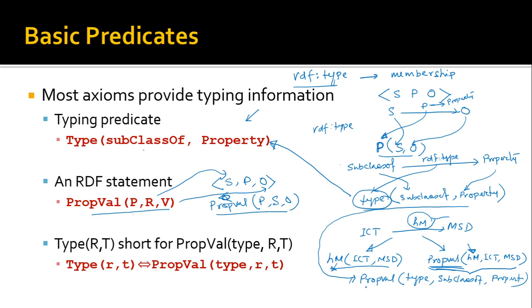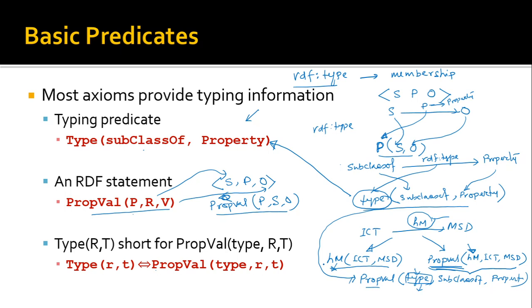Now we can use this, but it is not really necessary, because I know that type is a kind of vocabulary that is defined and well understood by the community, and we don't need to put that as an argument in the prop val predicate. So we can treat that specially, because this is a special vocabulary.